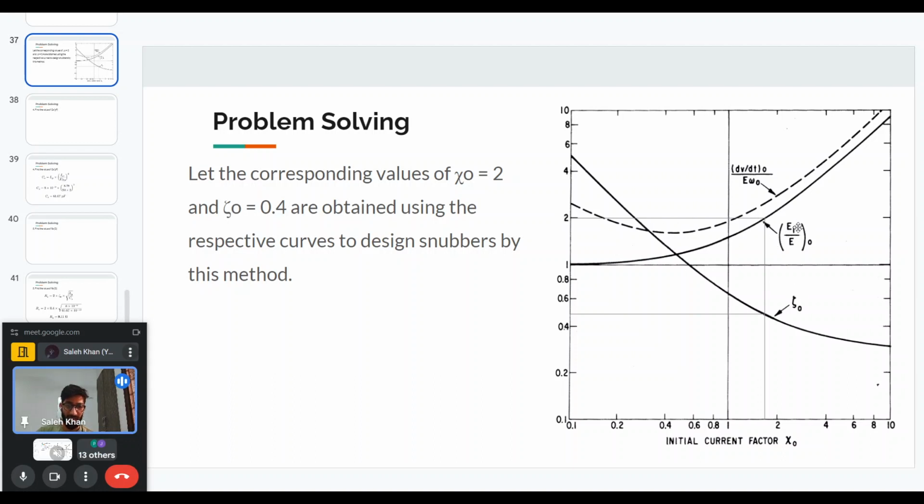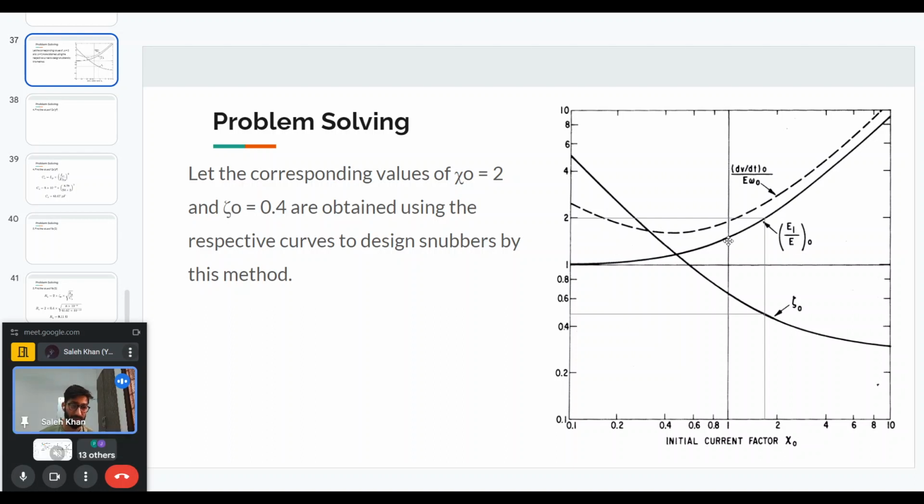And once we have E1 by E, we can use this graph to find the corresponding values of chi and zeta. So this graph is for minimum E1, minimum voltage spike.